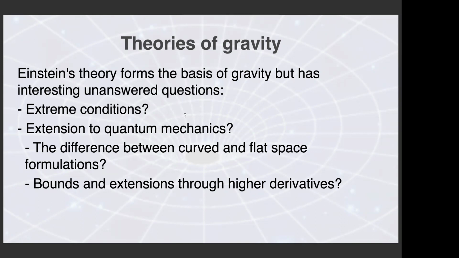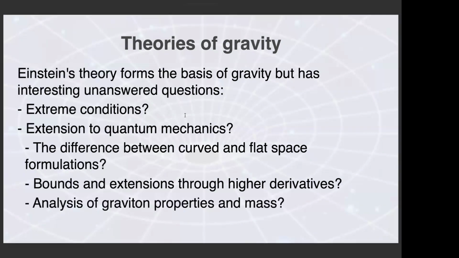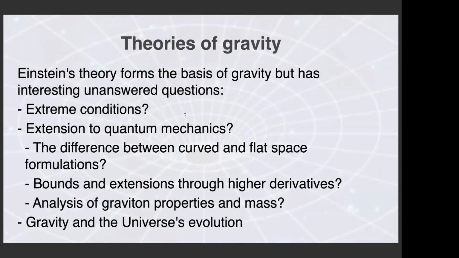So there will be some bounds and extensions through higher derivatives in the theory. And it could also lead to interesting questions such as what is the graviton, what are its properties, what is its mass? There are various theories there. And finally, gravity is linked to the universe's evolution. So there are some big questions out there to focus on.